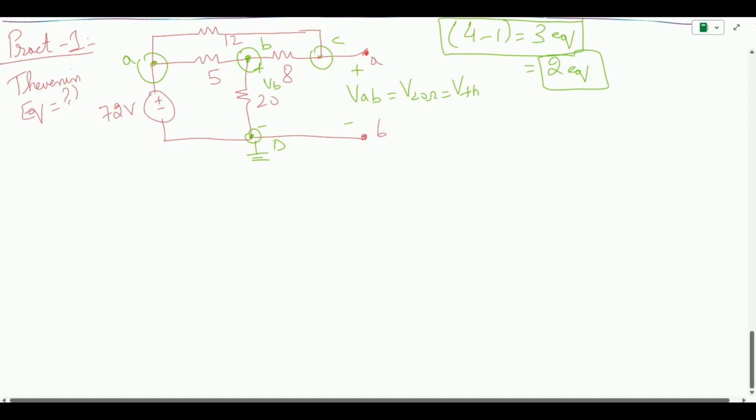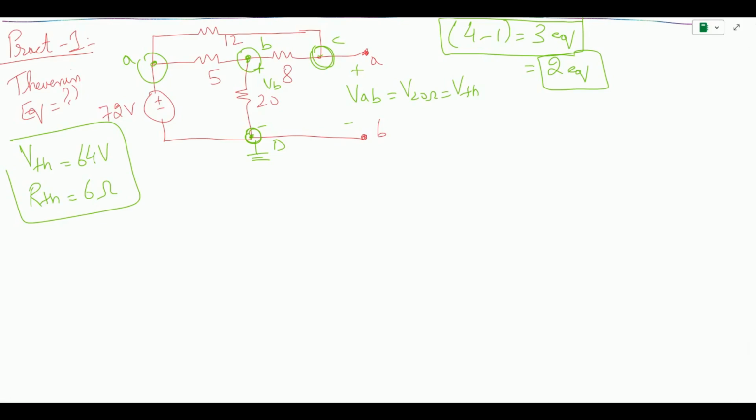This will be the Thevenin voltage required. I'll leave you with the answer. So for the Thevenin voltage, the VT comes out to be 64 volts and R Thevenin comes out to be 6 ohm. This will be the voltage from here to here. Okay, so this is one example that you can try.